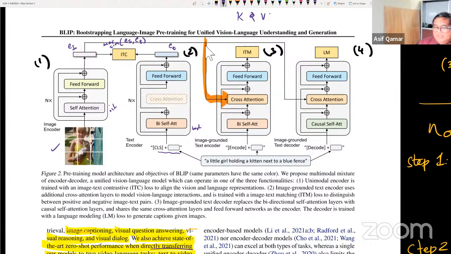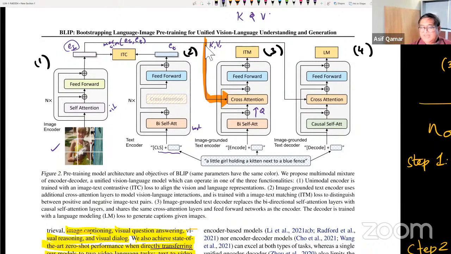Cross attention basically says that what comes out of this side, treat it as your Q. And take this output here. What is the output? Image. This image, I can take the image vectors and break them into K and V and Q. Ignore the Q part of it.